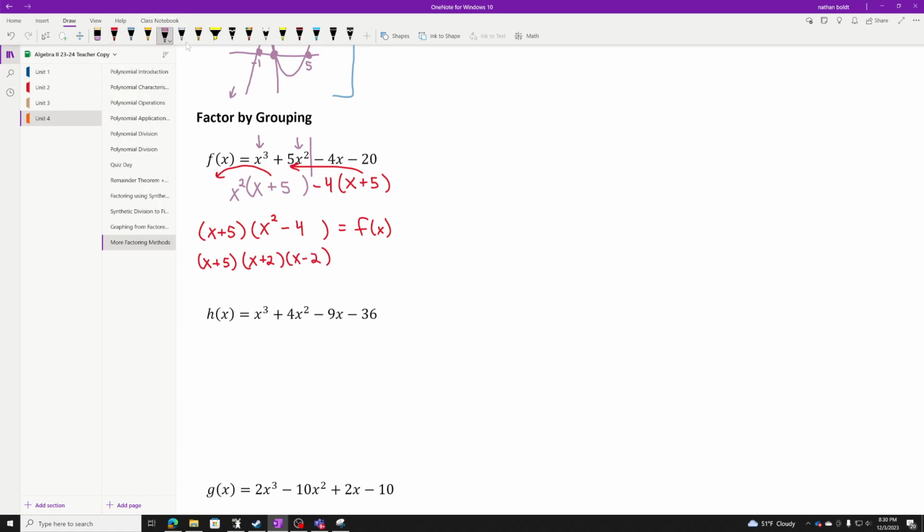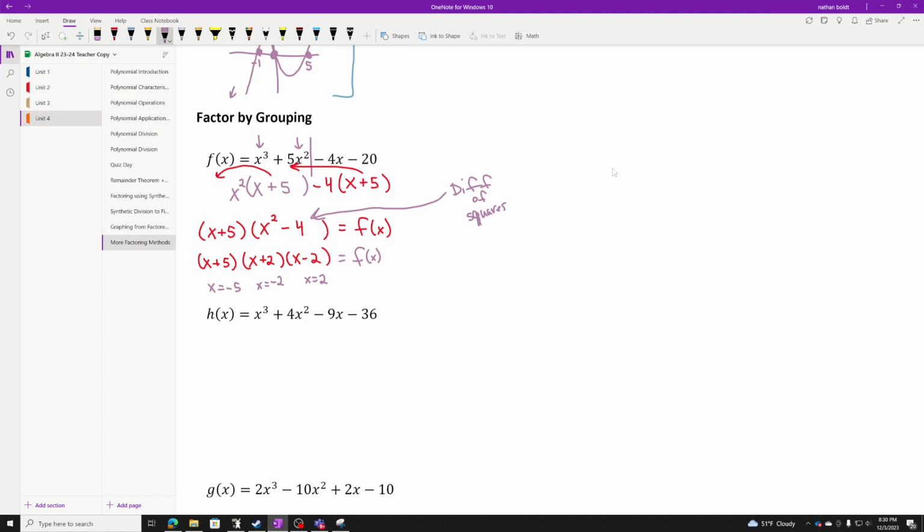All right, that right there is a quick reminder, is a difference of squares. And so now we have our 3 factors, and now we can get our 3 x-intercepts. Negative 5. This one gives you negative 2, and this one gives you positive 2.